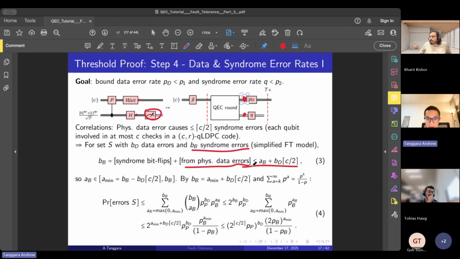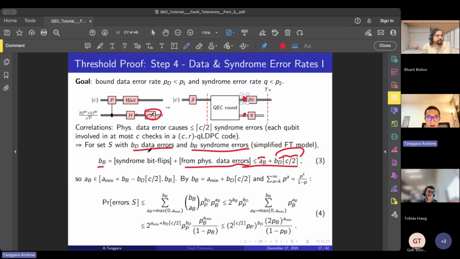For the bit flip errors that came from actual data errors, I multiply by C over 2, because that's the maximum number of bit flip errors each data error can cause. And I have these AB actual syndrome errors, but now I have to subtract those that are caused by data errors.